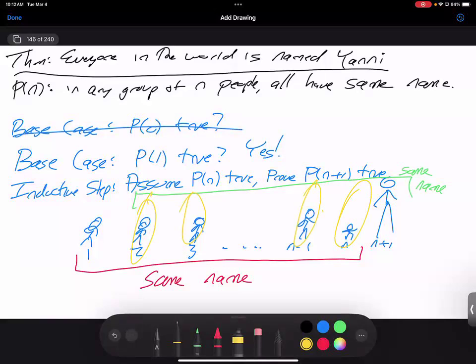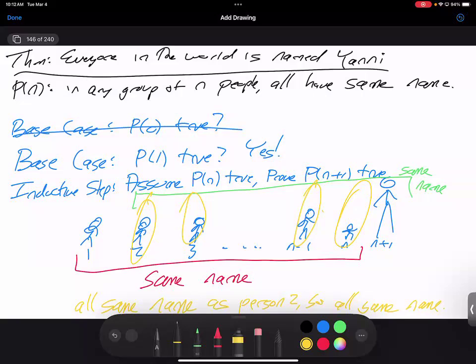Everybody has the same name, because everybody in the first group has the same name as person 2, and everybody in the last group has the same name as person 2. So all have the same name. And since we know at least one person in the world is named Yanni, we know everybody's named Yanni.